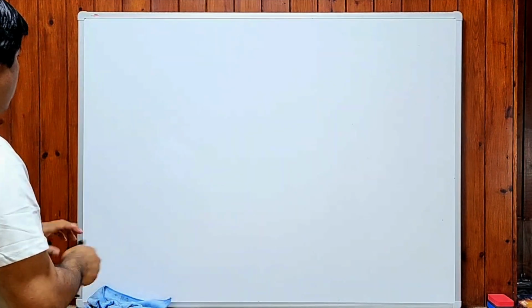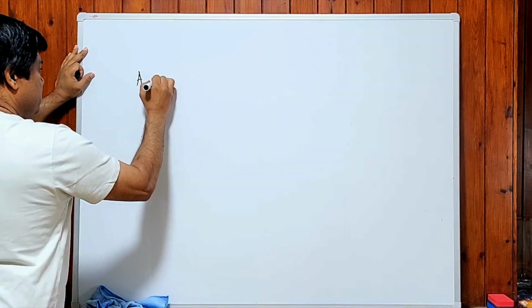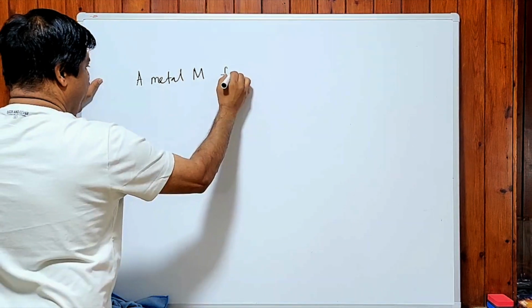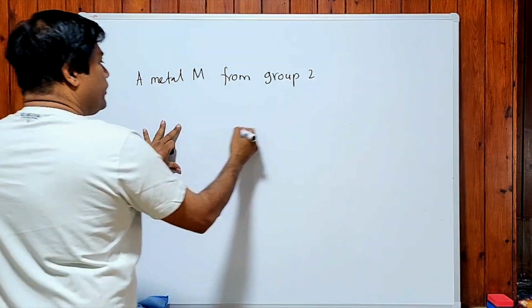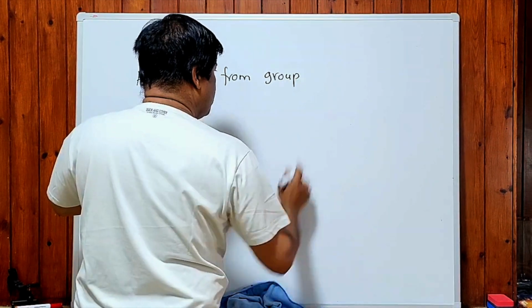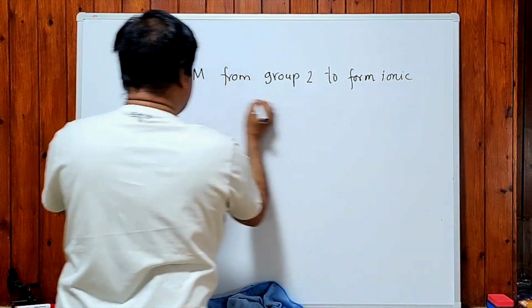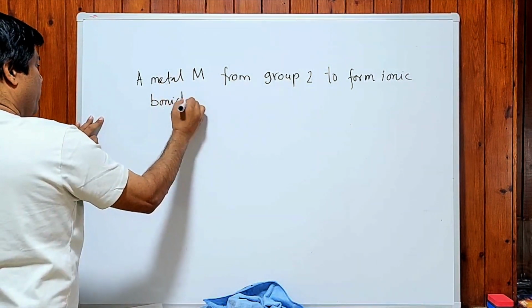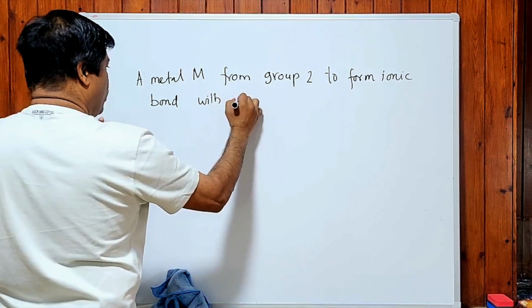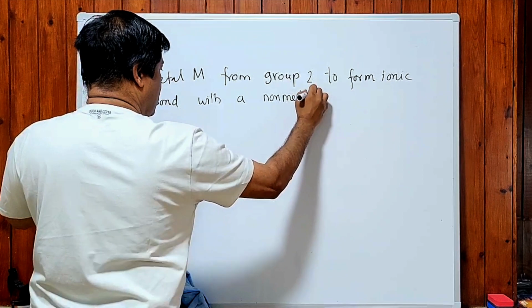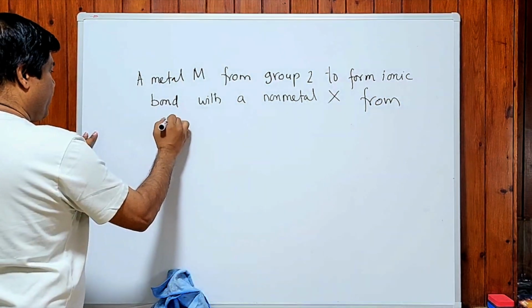A metal M from group 2 reacts to form an ionic bond with a non-metal X from group 15, or group 5?